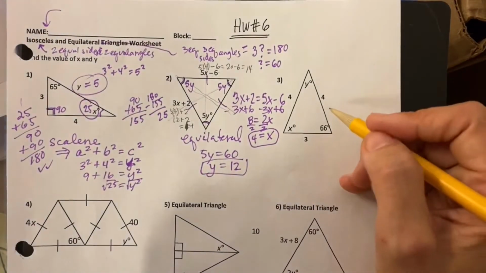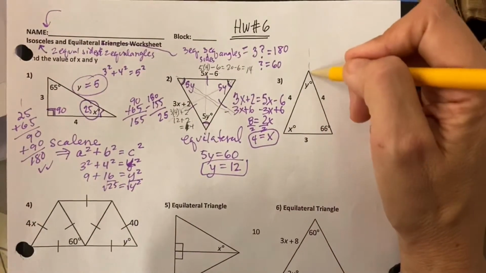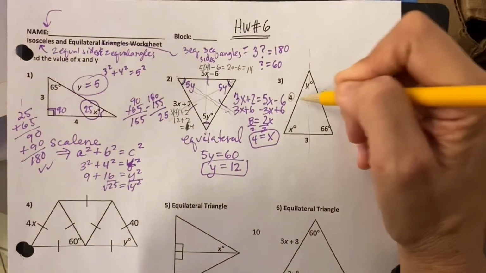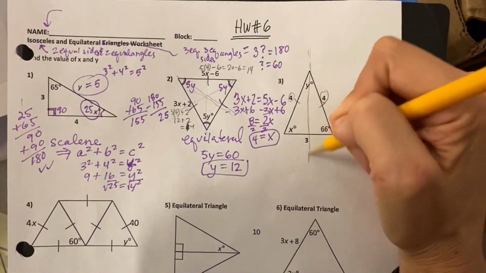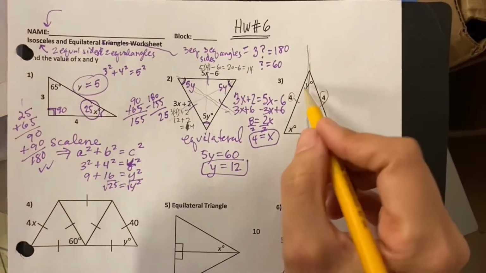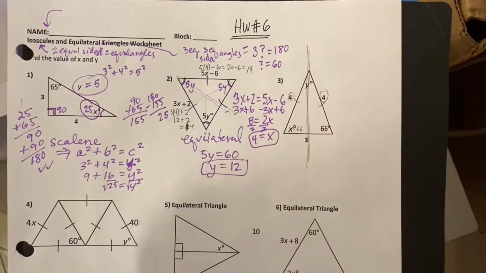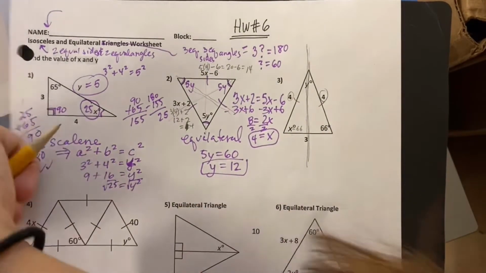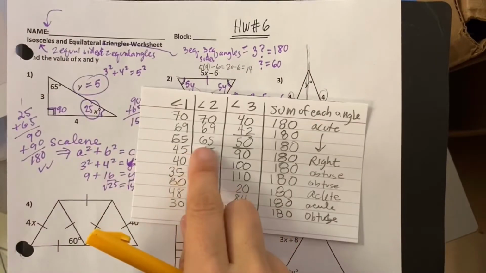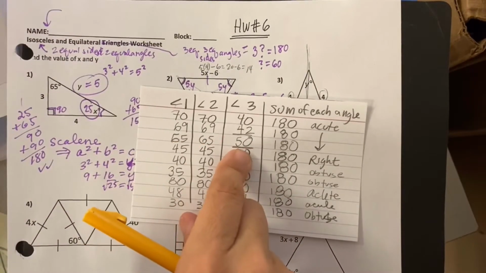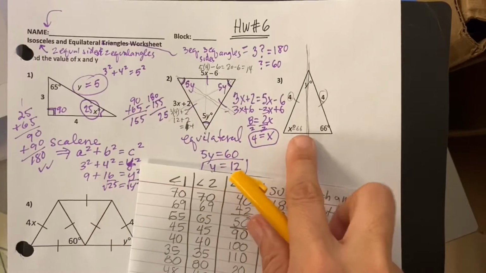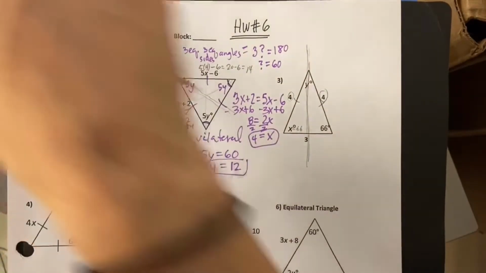Okay, last question on the top. So it looks like, since that's 4 and that's 4, this is my line of symmetry. So I got 66. This has to be 66. These are base angles. And I'm like, that's similar to one we did in class, 65, 65, 50. So it's going to be close to that, 60, 60, and the 1 left over.